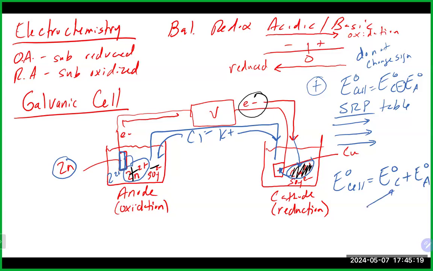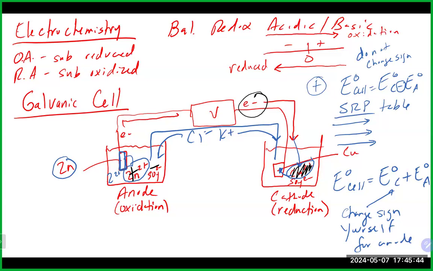So if you want to add, you should change the sign yourself for your anode. And again, I don't personally care which one you do, but I would pick one way and just stick with it so you don't find yourself changing the sign and then subtracting and putting it back to where it shouldn't be.